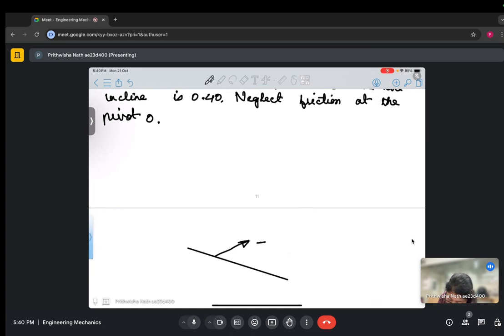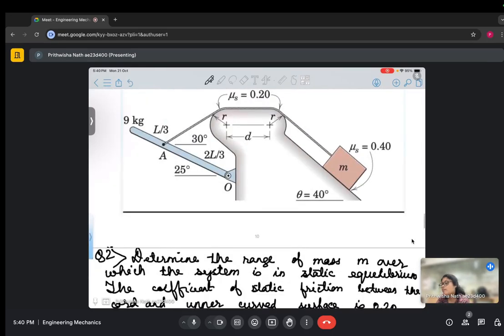This is tension. This angle is 35 degree. The mass of this rod is already mentioned in the problem, 9 kg.